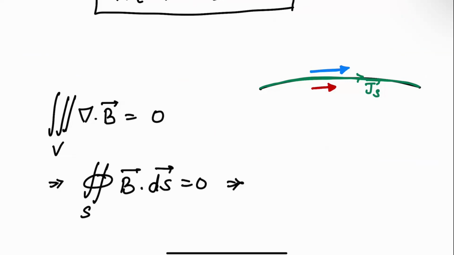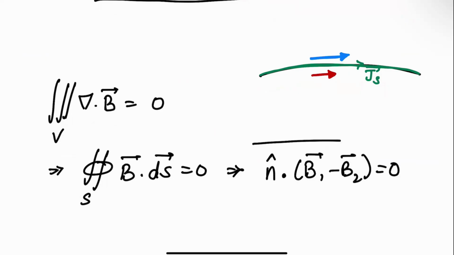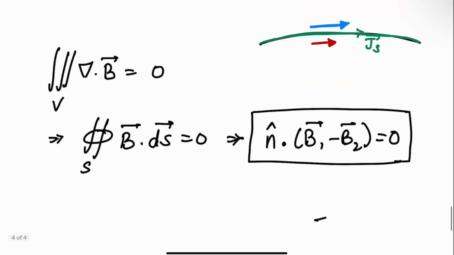And again, you take delta L to 0, and that will give you n hat dot (B1 minus B2) equal to 0, right? Because now you have the divergence theorem and the volumetric Stokes theorem. So this is saying again that the normal component of B across a boundary between here and here has to be equal.